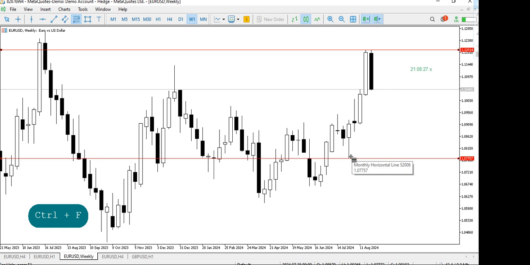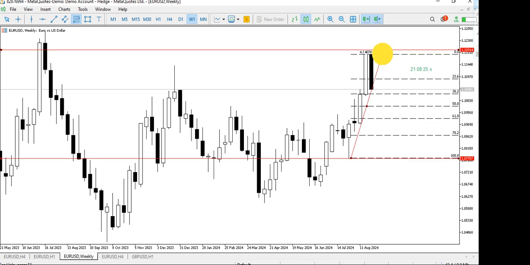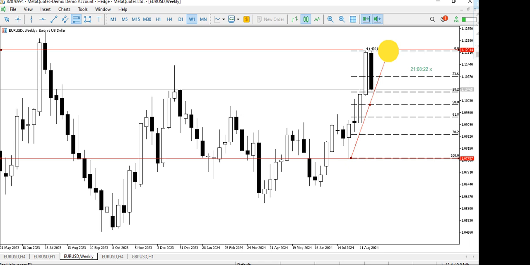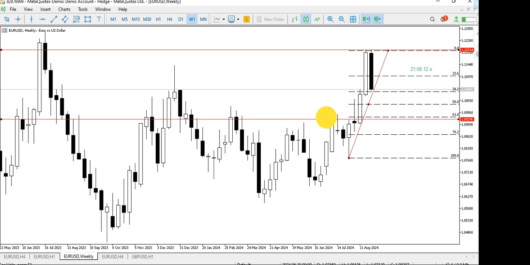Now that we've seen that this is going this way, it's a good thing to note. I'm going to move this up to this point for the weekly fib level. That's number one. Number two, I'm going to draw a weekly trend line.